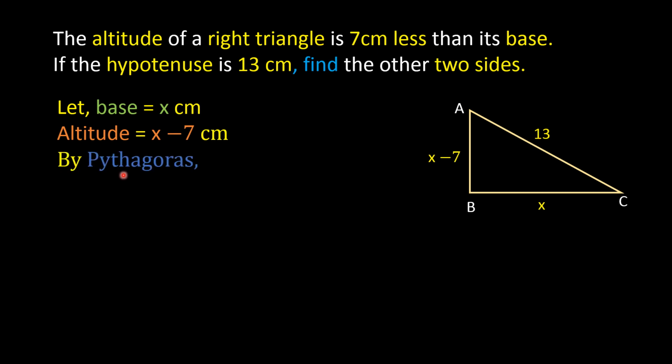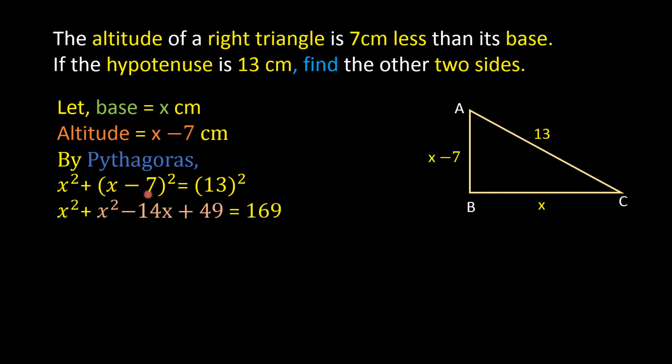Now we will use Pythagoras theorem, which gives us x squared, BC squared, plus x minus 7 squared, AB squared, equals 13 squared, which is the hypotenuse squared. X minus 7 whole square will be x squared minus 14x plus 49, which equals 169.